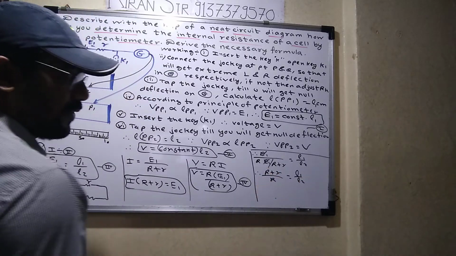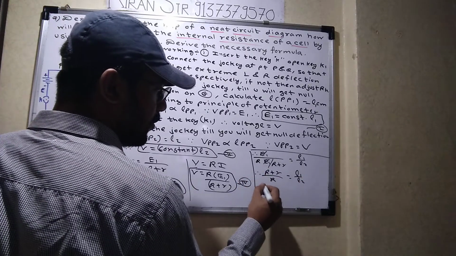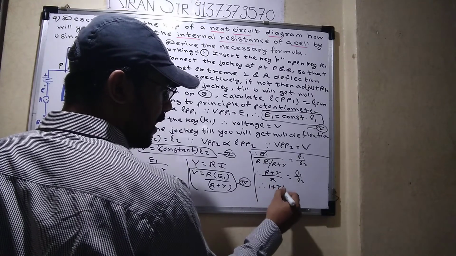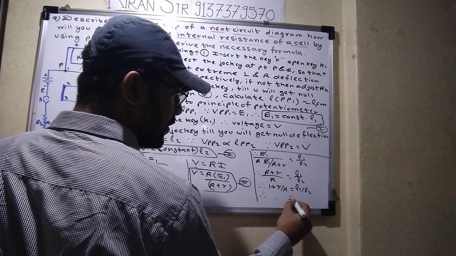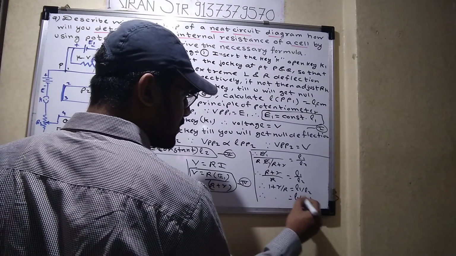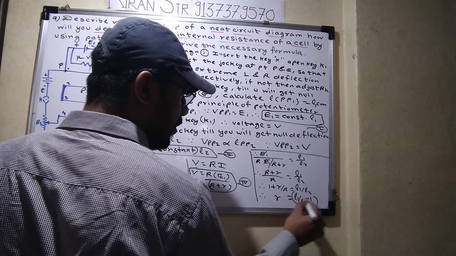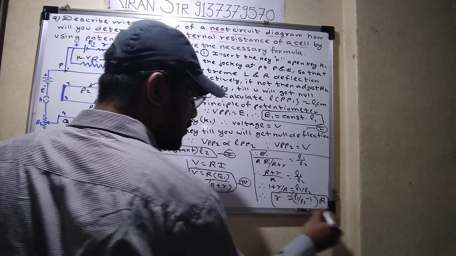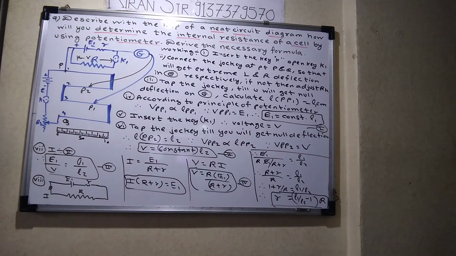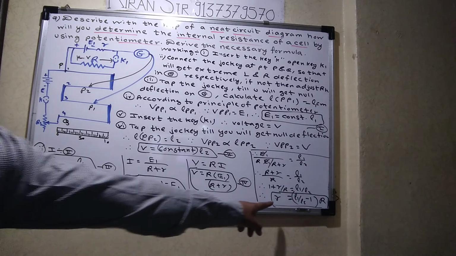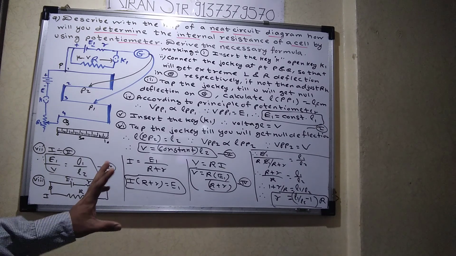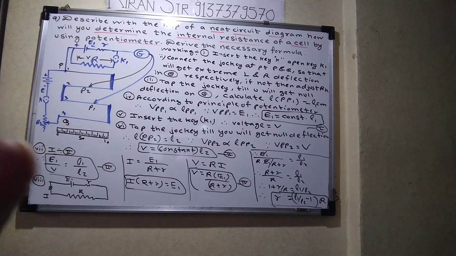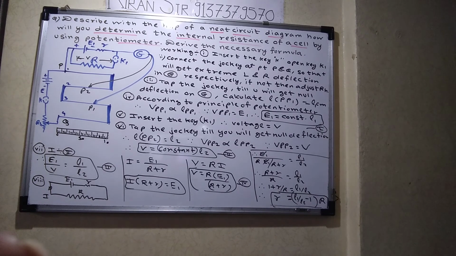R upon R is 1, so 1 plus r upon R equals L1 upon L2. So L1 upon L2 minus 1 equals r upon R. Understood, students? Simple mathematics. What is small r then? Small r equals L1 upon L2 minus 1, multiplied by R. This is the formula for internal resistance. Hope you understood. This is a little bit easy, not difficult. Everyone understood? Say yes or no.